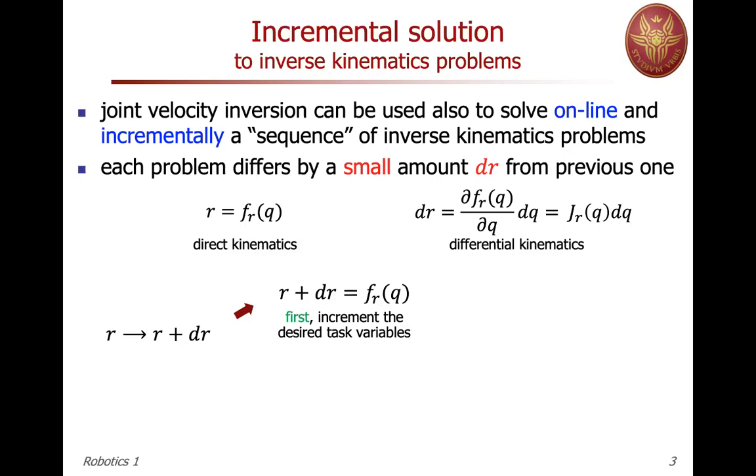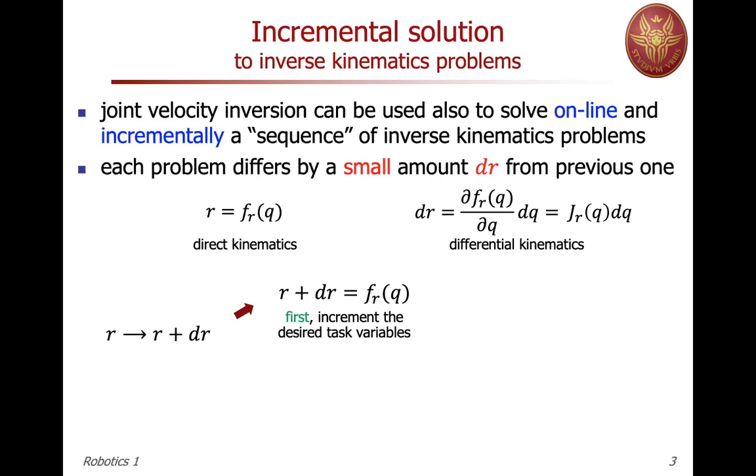Indeed, we may have a closed-form solution, so this is just calling the analytic formula once more. Or we may wish to use a numerical method, so we start our iteration of the gradient or Newton method. The current q is close enough to the good one, because with the current q, we are at the value R for the task variable.